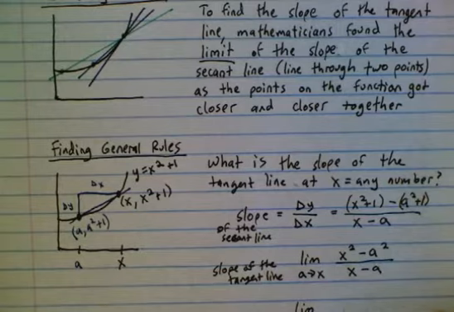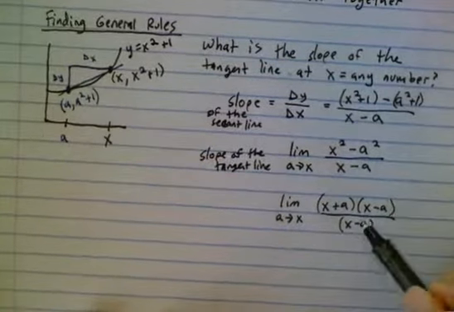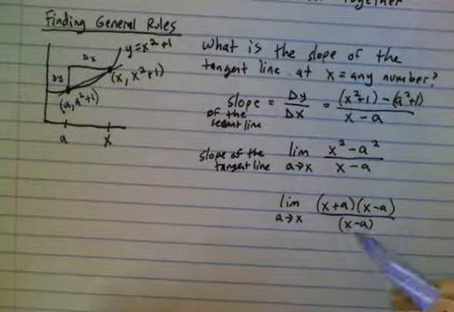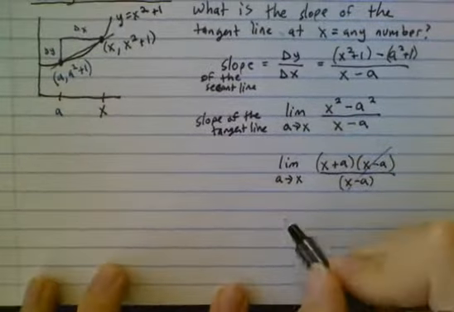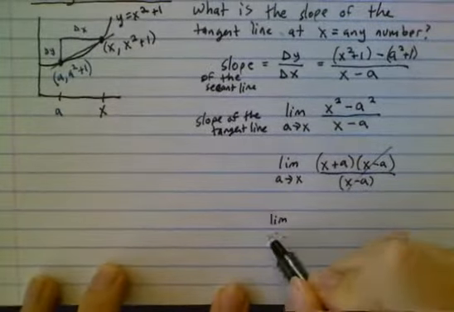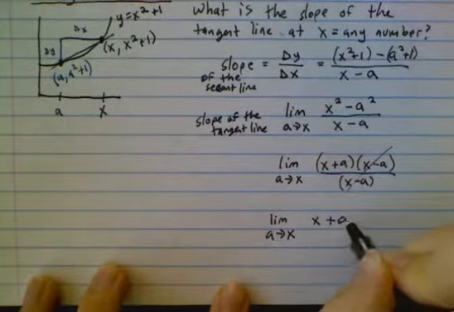So we can factor. Notice that these two factors cancel right out. Limit as a approaches x of x plus a.